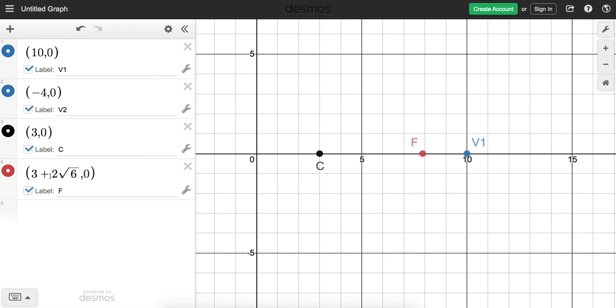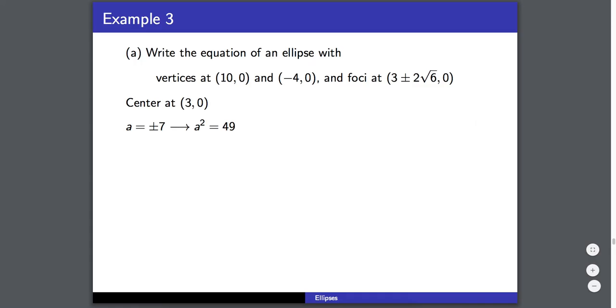Likewise, if we subtracted it, we'd be going the other way, to the left. So our value of c is 2√6. It looks scary, but when we square that, 2√6 times 2√6 is 4 times 6, so c squared is 24.